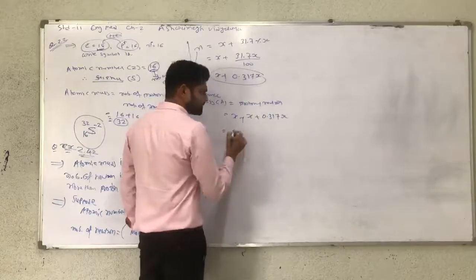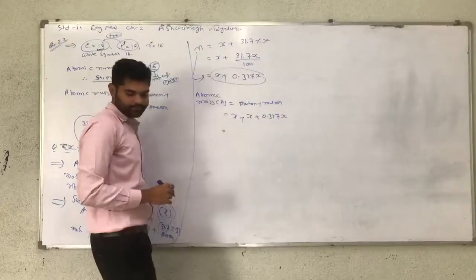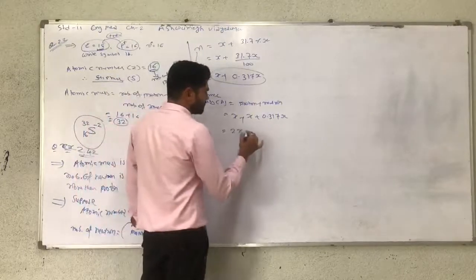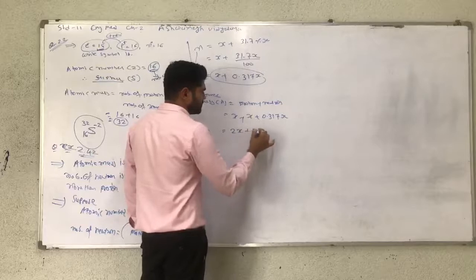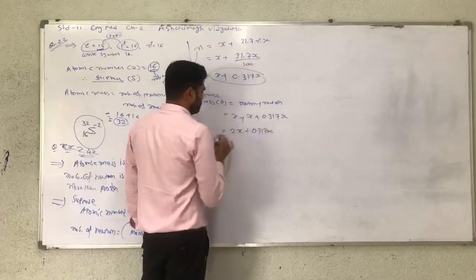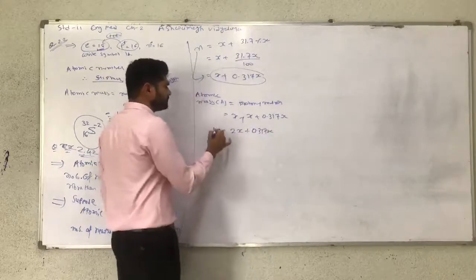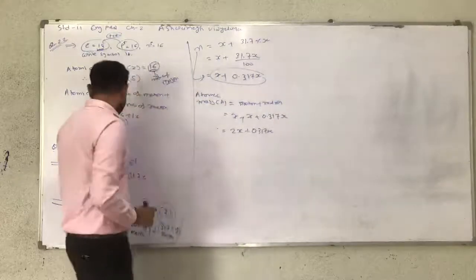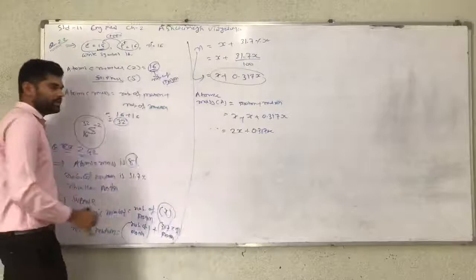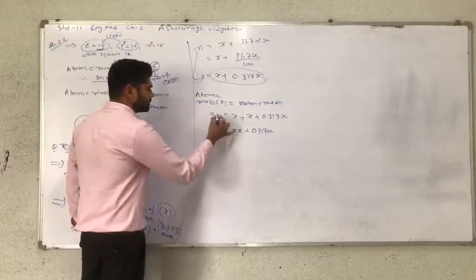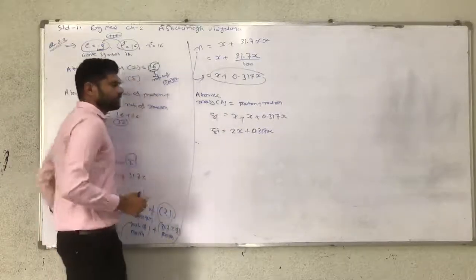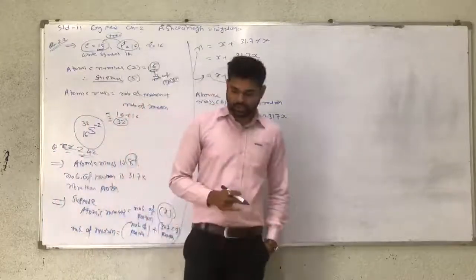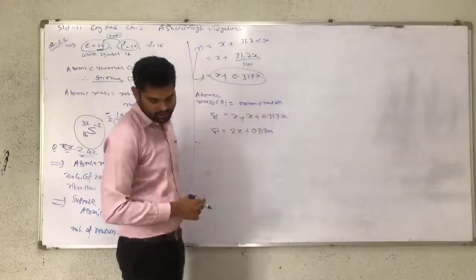So X plus X is 2X, plus 0.317X is equal to atomic mass A. The atomic mass given in the question is 81, so we take 81.